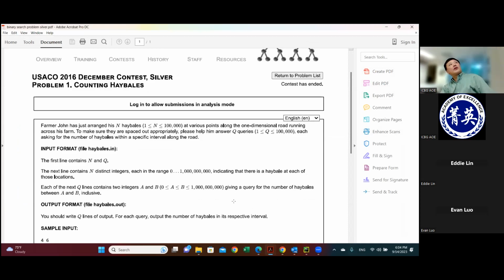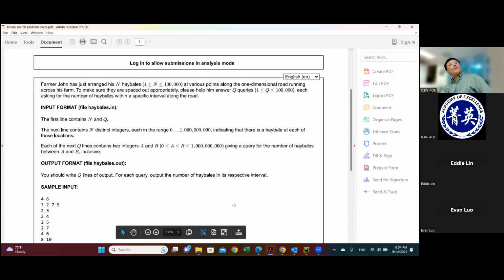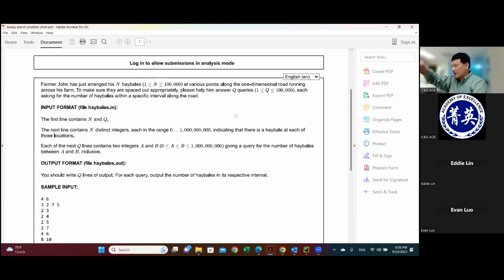When you read this problem, it looks very complicated to you, right? Farmer John has just arranged his hay bales at various points. Because it's a silver level, you see now this number is much bigger. It's 100,000, okay? And it's one dimensional, that means linear.